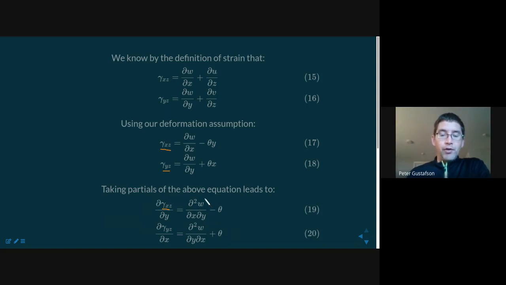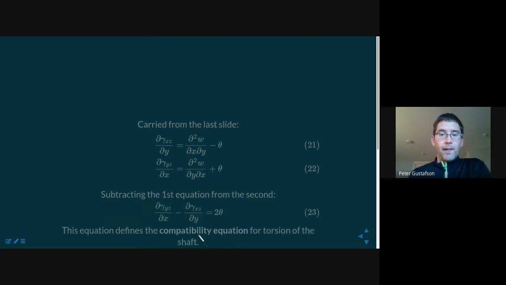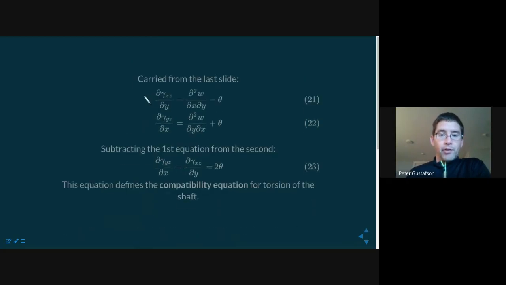These last two equations are just carried forward from the last slide. If we subtract one from the other, for example, subtract this one from this one, what we end up getting is this equation. That is, d gamma yz dx minus d gamma xz dy is equal to 2 times theta.